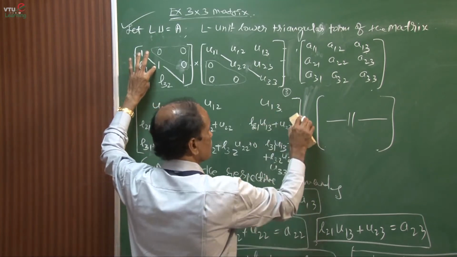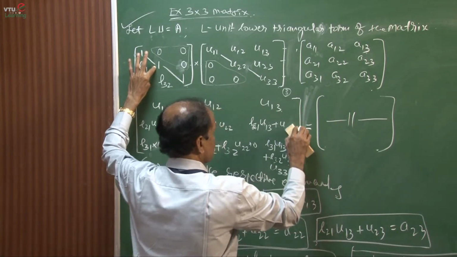So therefore this 0 you can discard, leaving U23.